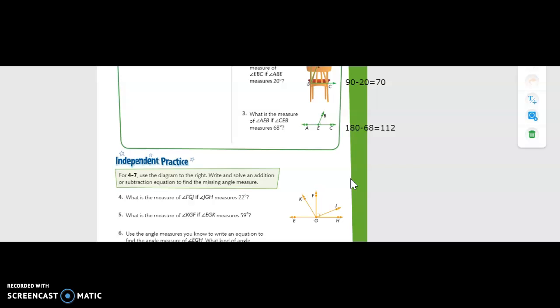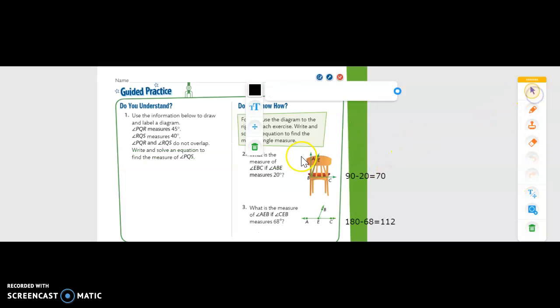The other way for you to think about this problem would be to take the part that you know, CEB measures 68. So the other equation you could write would be 68 plus some number equals 180.